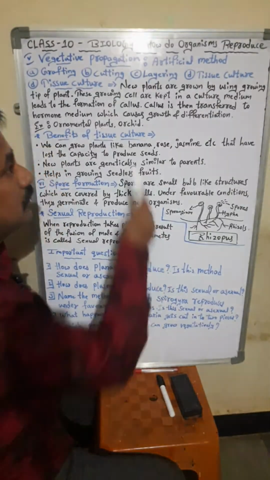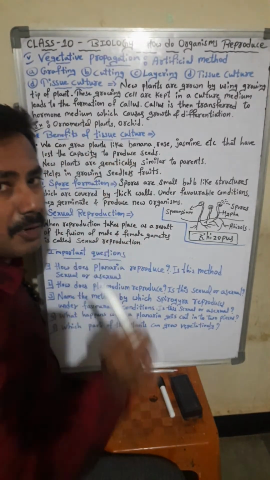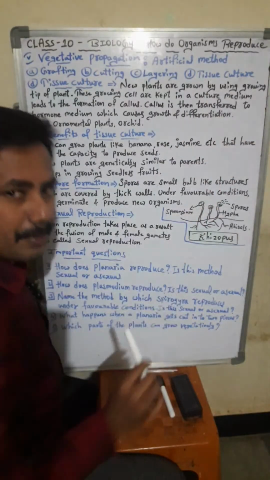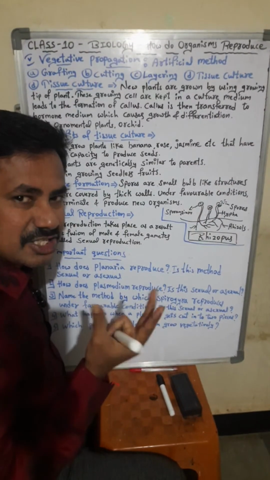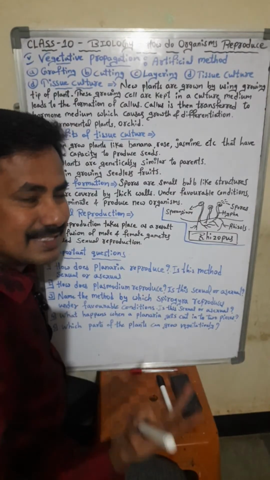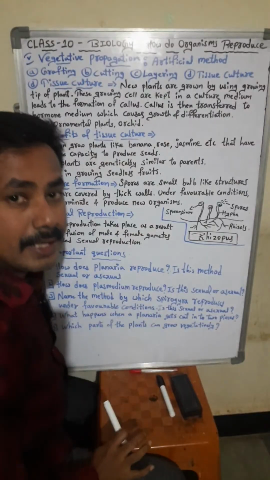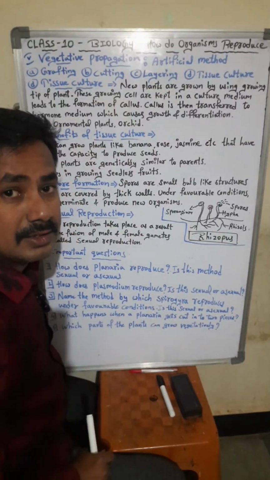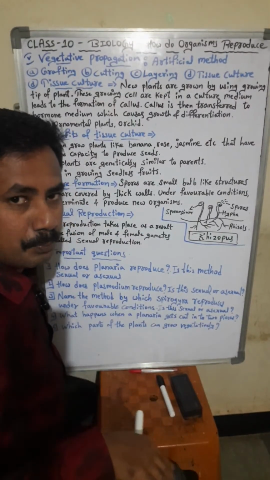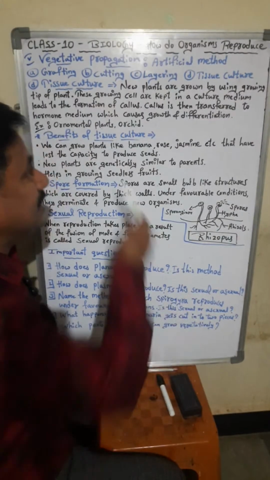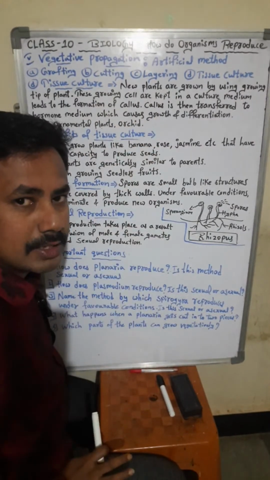Callus is nothing but the plant growing. When you put the meristematic tissue or the tip of the plant in a culture medium, the plant starts to grow, students. That is called callus. Callus is then transferred to the hormone medium, where growth hormone is present. It is actually done in a laboratory, students.